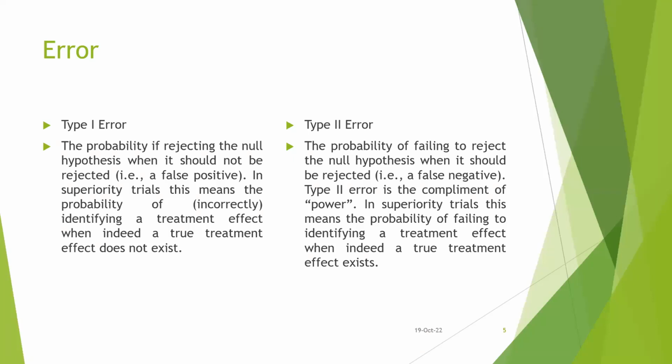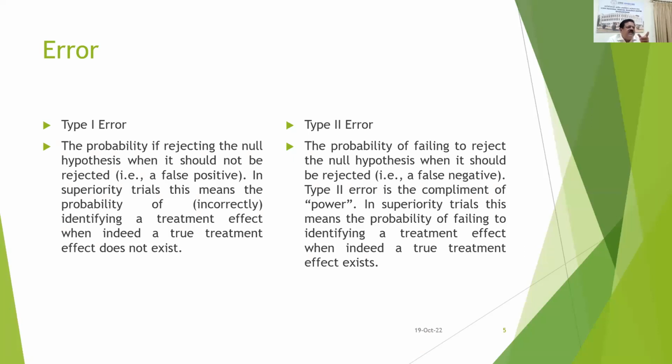Then we make two errors, type 1 error and type 2 error. Type 1 error is the probability of rejecting the null hypothesis when it should not be rejected, a false positive. In a superiority trial, this means the probability of incorrectly identifying a treatment effect when indeed a true treatment effect does not exist.